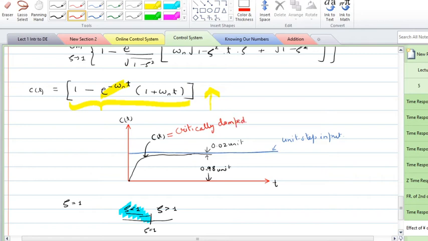Critically damped case is that case where the oscillations just stopped. This is your critically damped case.